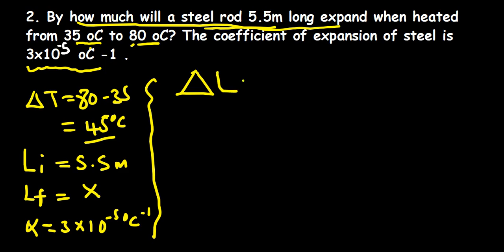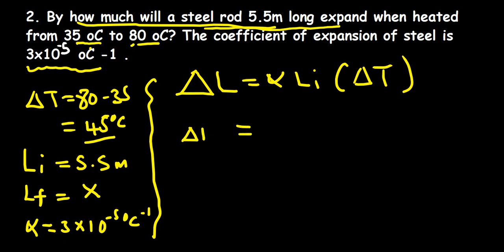So the change in length is equal to the coefficient of expansion multiplied by the initial length, and then multiplied by the change in temperature. The coefficient of expansion is 3 multiplied by 10 to the power minus 5.